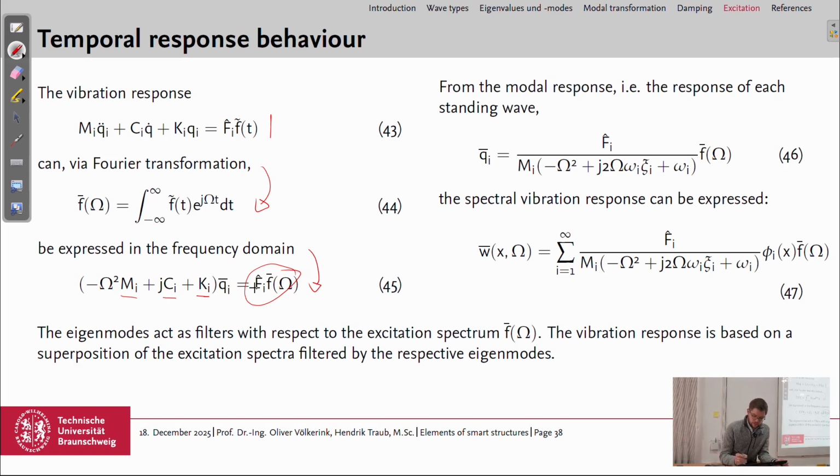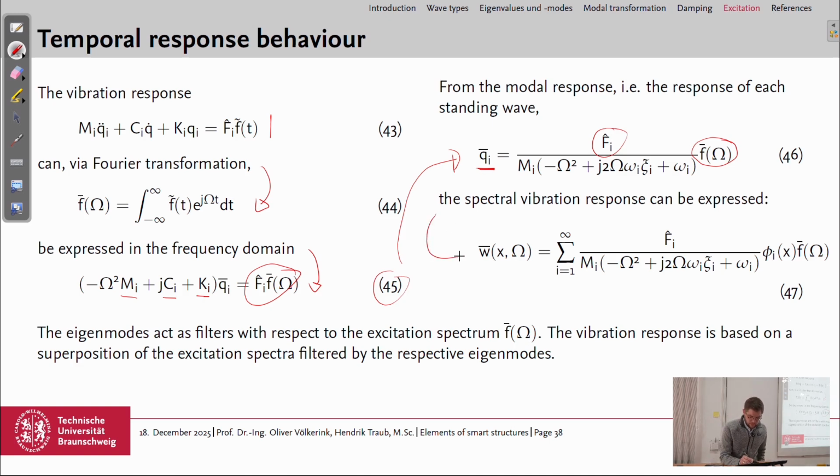And then we can transform this equation 45 to the equation 46. And here we have the external excitation with respect to frequency, so the spectral excitation. And then we have a transfer function including the generalized excitation for the eigenmode we are looking at. And with this, we can see how the modal coordinate of the eigenmode I in the frequency domain is affected by this external excitation.